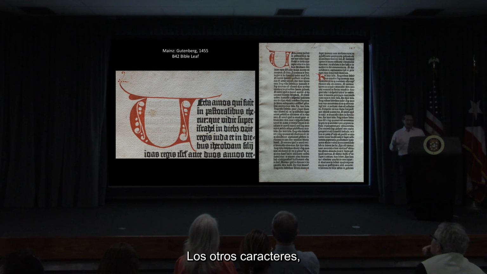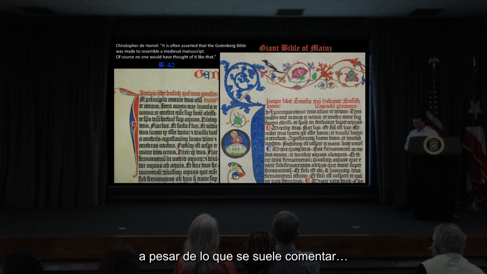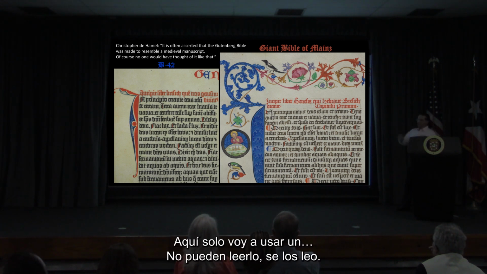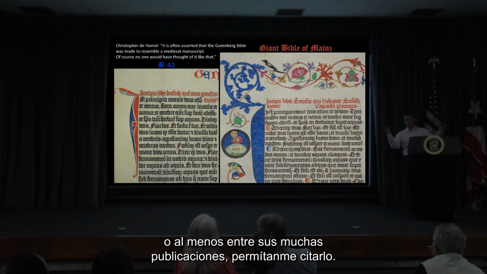The other characteristics, in spite of what is often remarked, here I'm just going to read to you, because you can't read it. Christopher de Hamel, Meeting with Remarkable Manuscripts, above all, or at least among his many publications. Let me quote him.